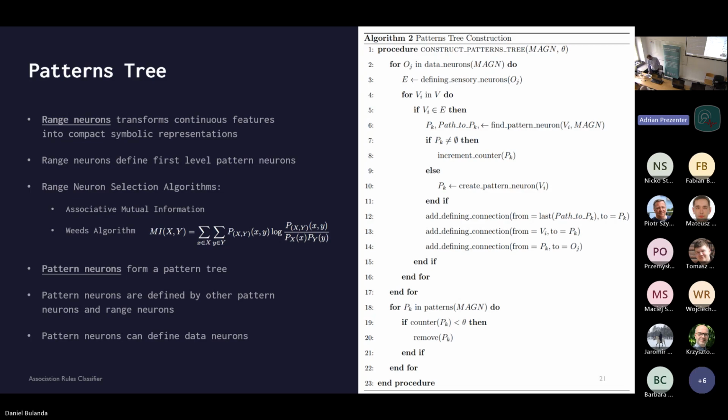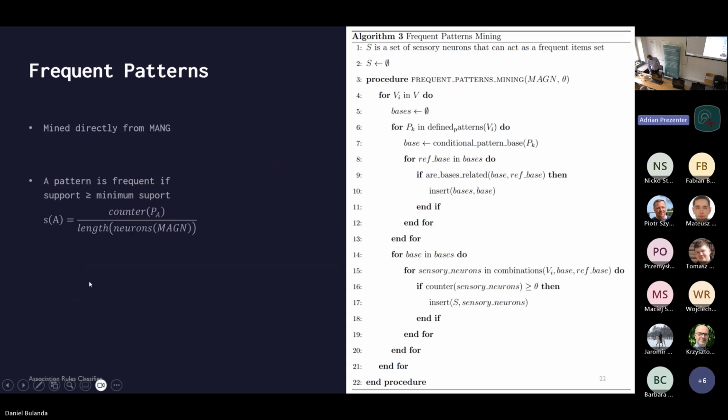But maybe I will skip the details and go further to the topic which explains how we assess the patterns, because we use various measures to state if a pattern is useful or not for a given task. In general, every pattern may be useful. So we use metrics like support, which states how often a given pattern occurs in the data.